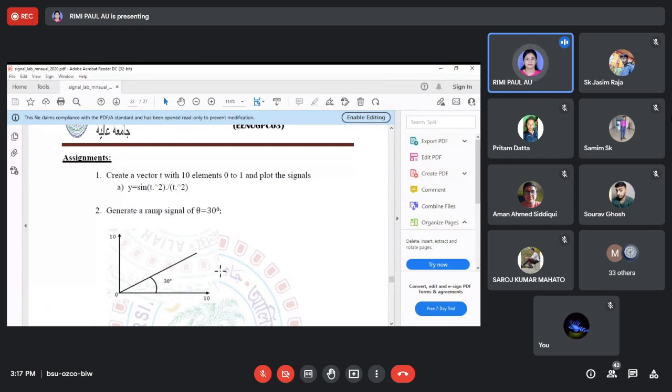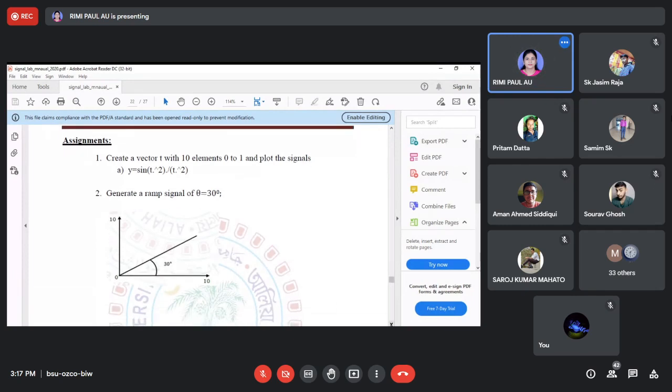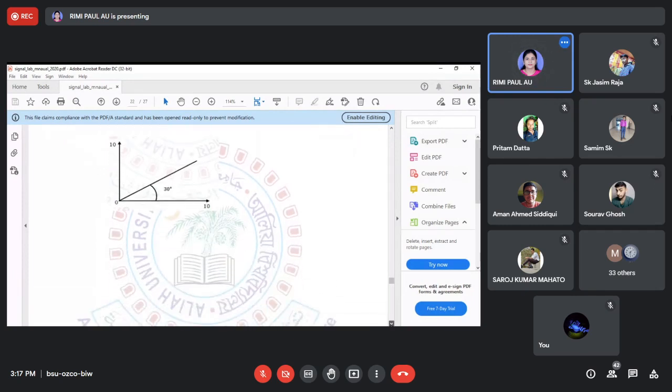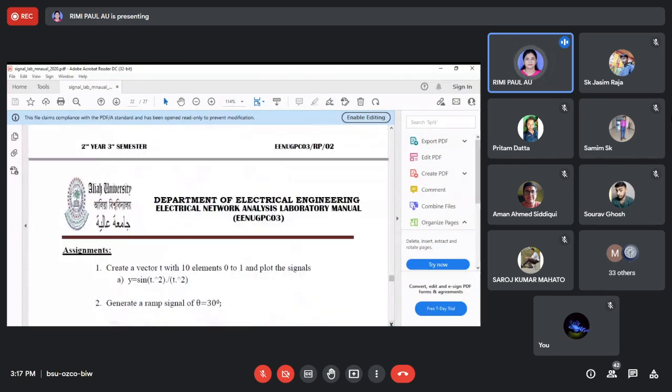So these 2 assignments you have to complete, and you have to plot. Create, plot the signal and generate the ramp signal. So here also you will get 2 plots. So finally you have to solve this problem and submit everything.